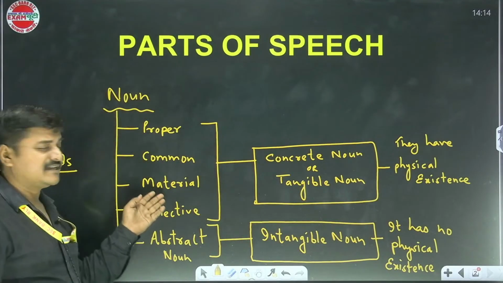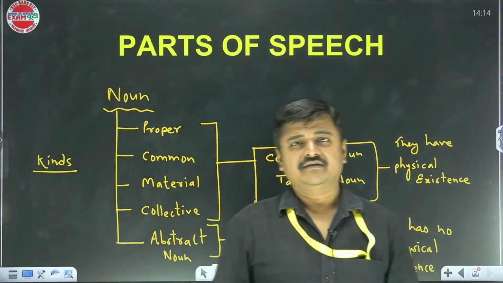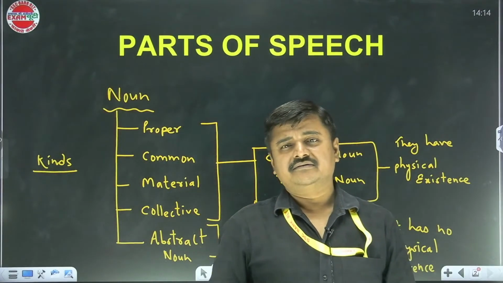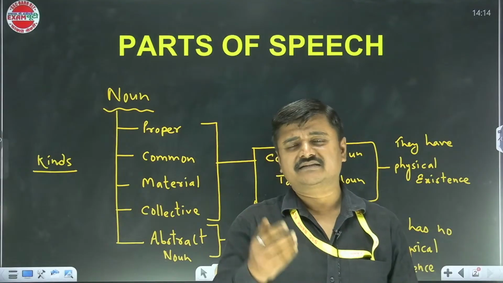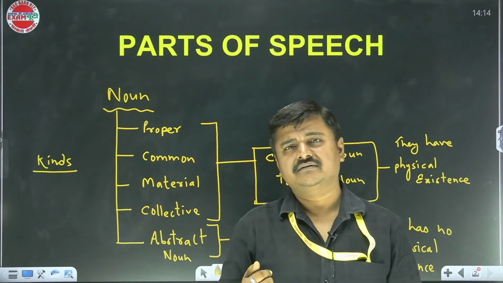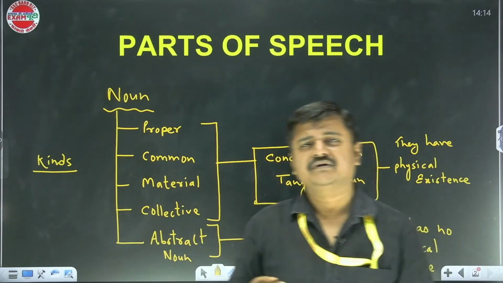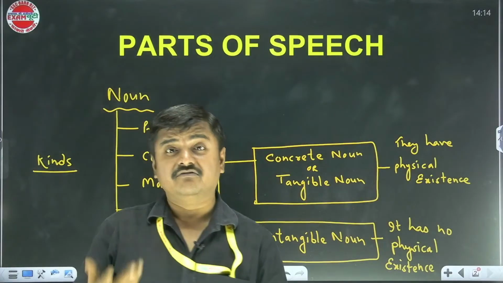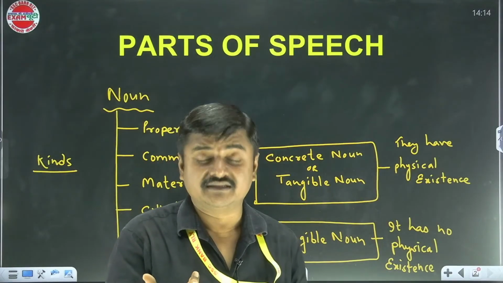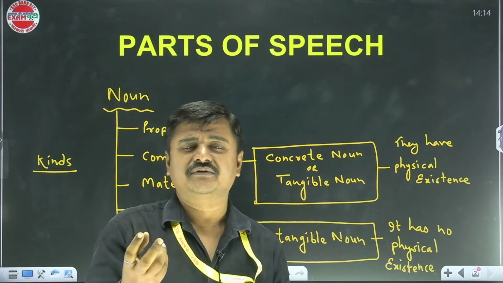Let's take some examples from material noun. What do you see? Take any material. Yes, plastic, paper, mud. Go ahead. Gold, iron, aluminium. Take anything. They have weight. Yes, they have weight. They have certain size and shape.